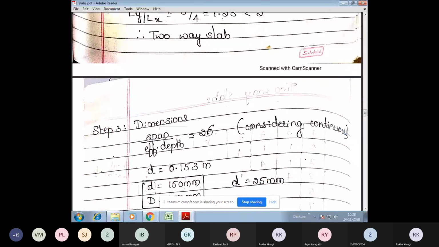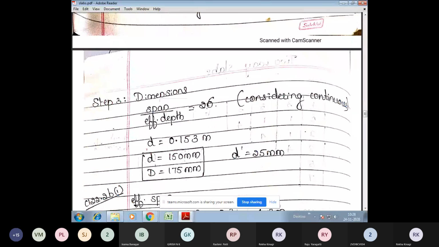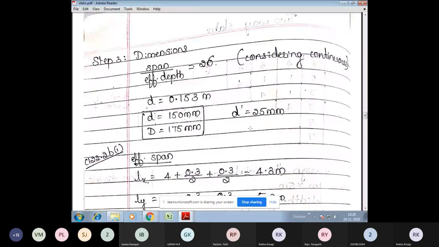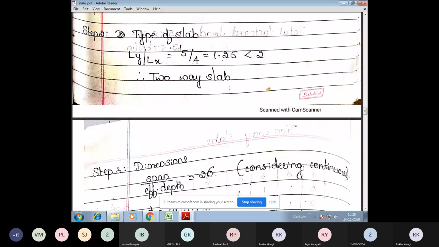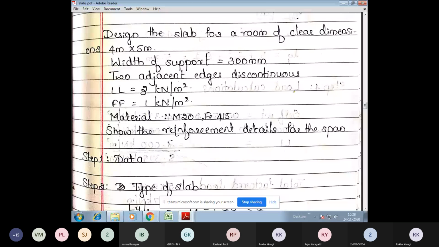Next, we need to find out the dimensions of the slab. In order to calculate the dimensions, we'll assume again span to effective depth ratio as 26, considering here two adjacent edges are discontinuous. That means two edges are continuous, two adjacent edges are discontinuous.